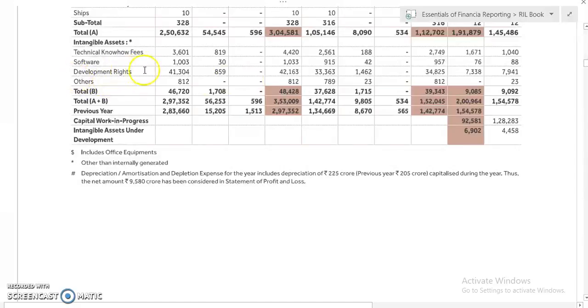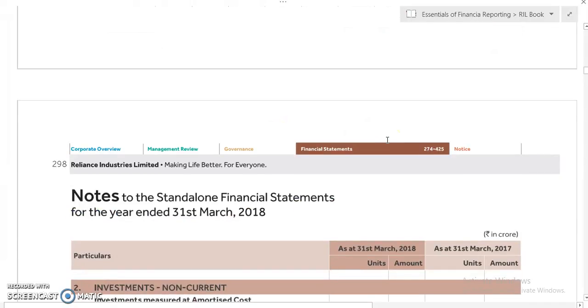They have software, development rights, and other fixed assets. Other intangible assets are most likely patent rights and other costs to acquire. Then they have other capital work in progress, but there are no more details about the capital work in progress or the intangible assets under development.